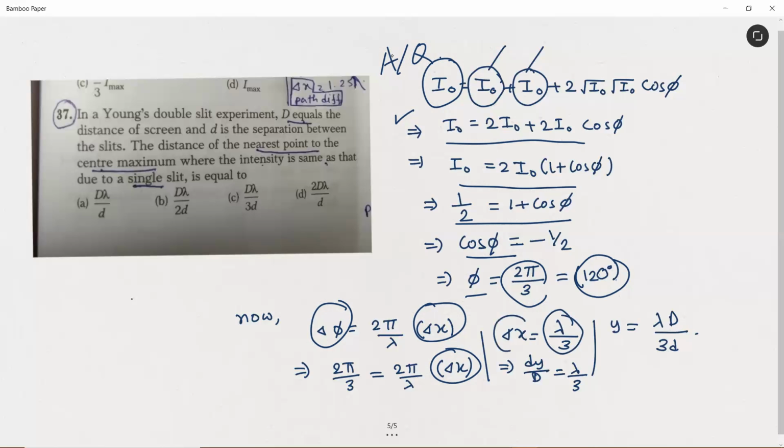And the path difference's relation with the distance from the center maxima is delta x equals y d by D. You should go through the textbooks for these kinds of theories. Theories are very important. First of all, you have to master the theory part, and then you should proceed to do the numericals. So this is lambda by 3. After doing those kinds of equations, you get the desired result, and this matches with option C.